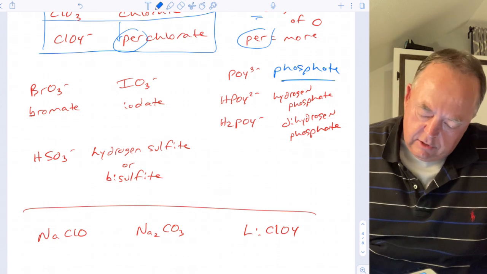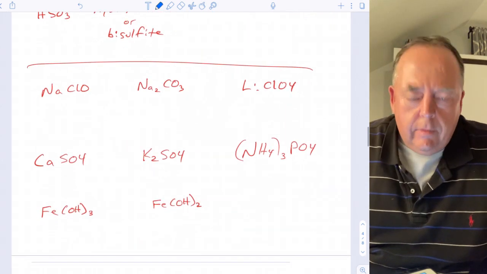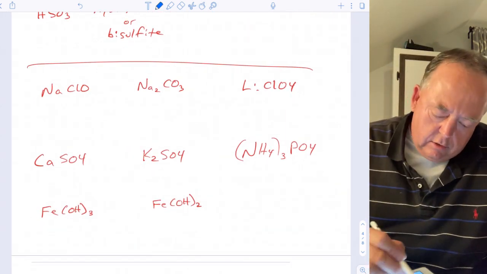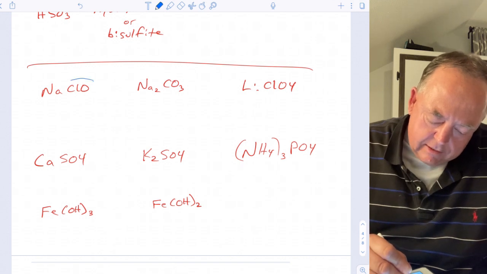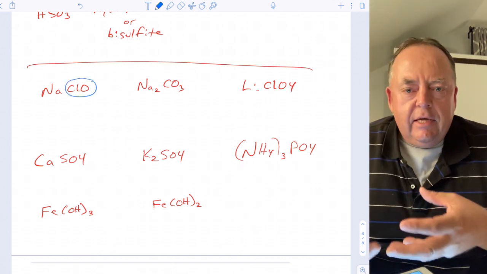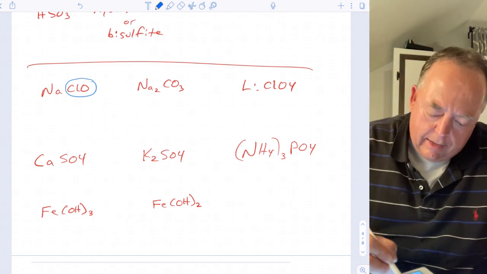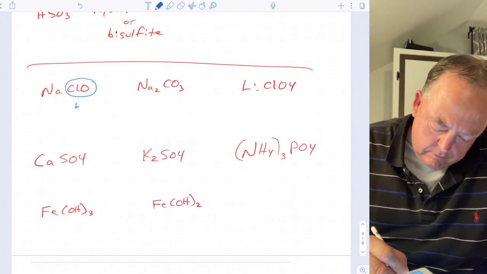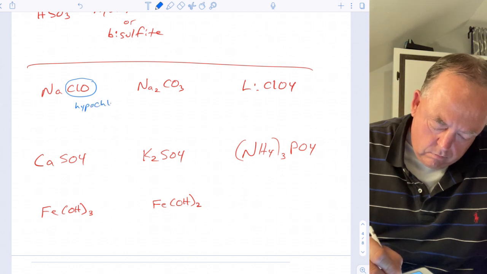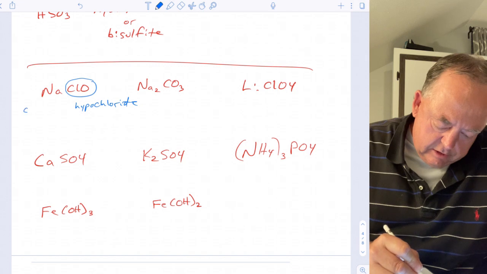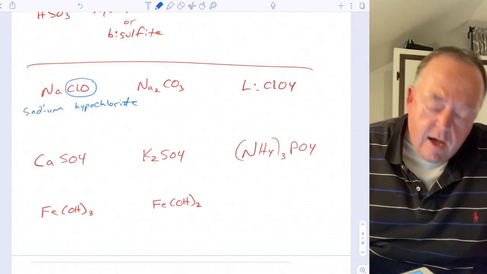So now let's name some compounds that have polyatomic ions in them. This gets a little bit trickier because you have to recognize that those two elements go together to form a polyatomic ion, and that polyatomic ion is called hypochlorite. So this is sodium hypochlorite.